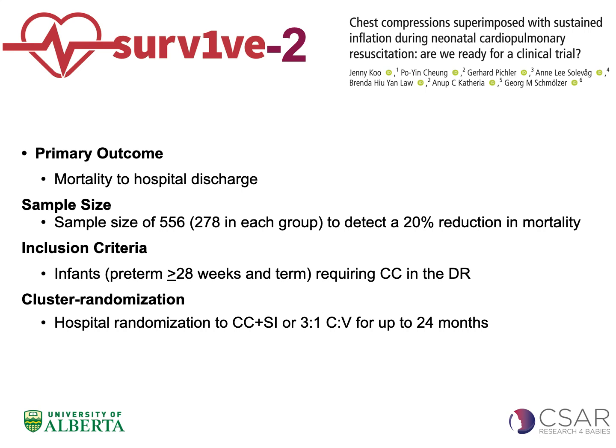which will look now at mortality to hospital discharge in 556 infants, or 278 infants in each group, to detect a 20% reduction in mortality. We will include babies 28 weeks or older and term babies who require chest compression in a delivery room. And as this is a cluster trial, the hospital will be randomized for up to 24 months to do CCSI or 3-to-1 chest compression to ventilation.